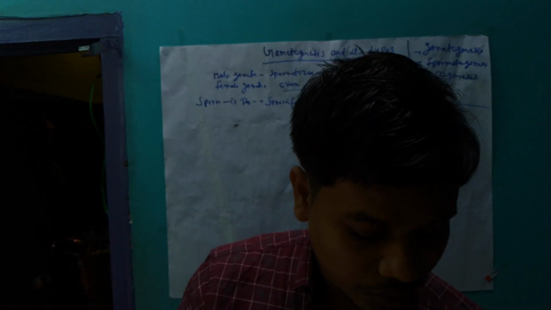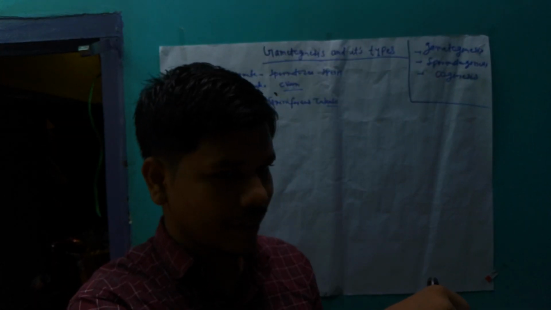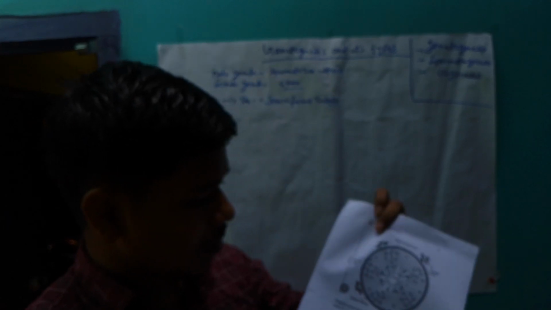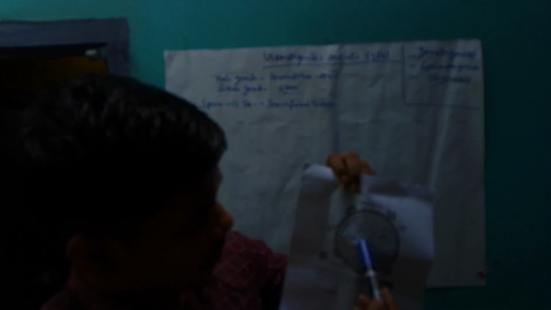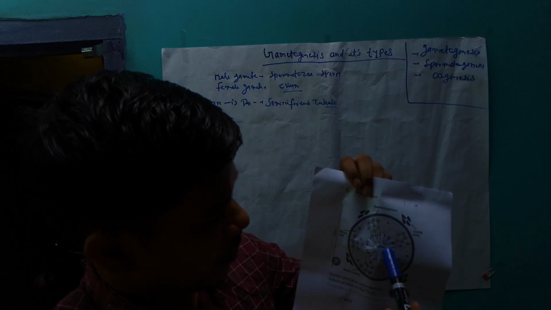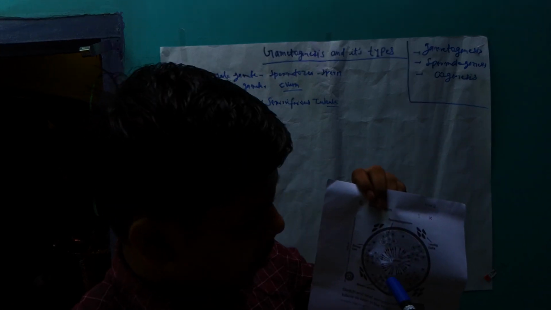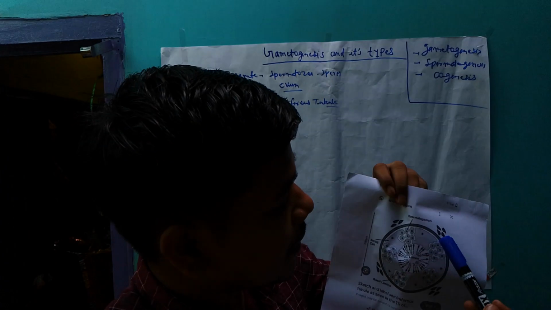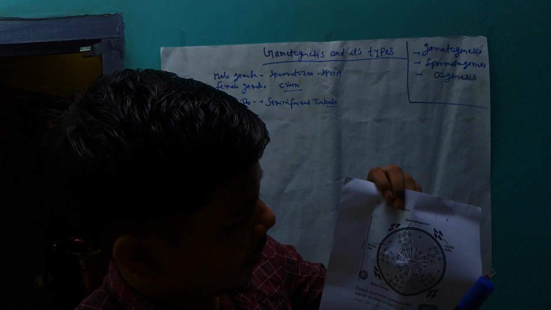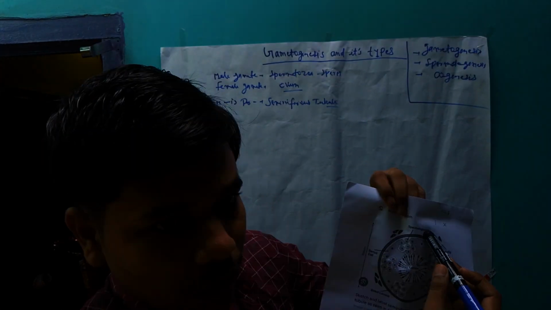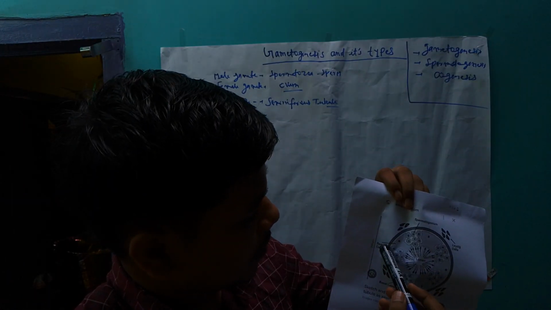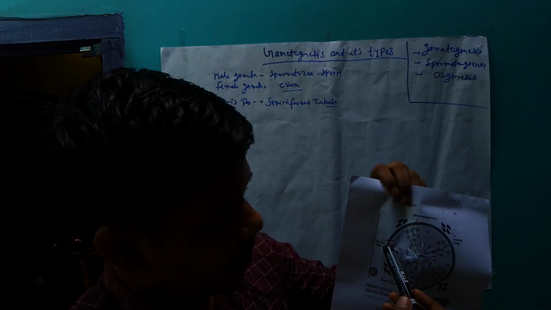We will show you the diagram. This is the cross section of the seminiferous tubule. In the center there is a lumen. The outside of the seminiferous tubule is the Leydig cell, and this is called spermatogonium, and the inner cell is called Sertoli cell.